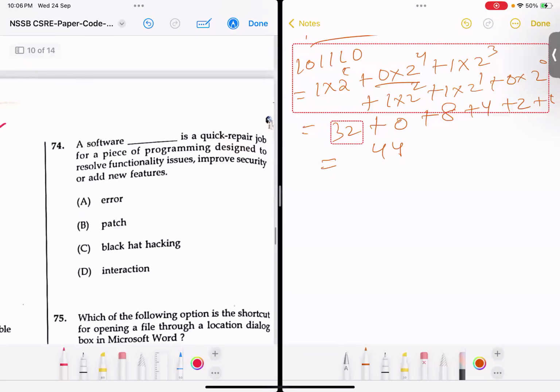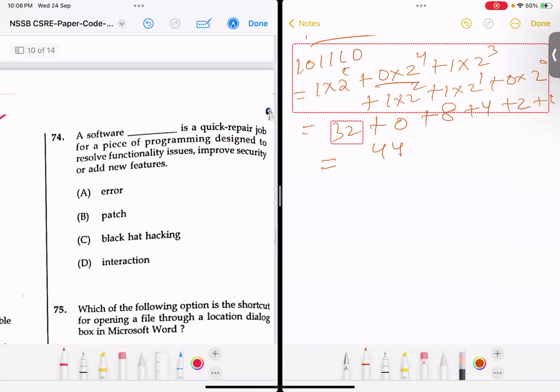The option is C. A software patch is a quick repair job for a piece of programming designed to resolve functionality issues, improve security, or add new features. So this is patch. This is a direct question. What is a software patch?